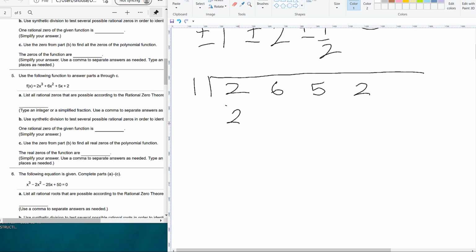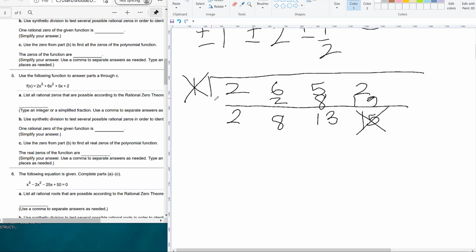I drop down the 2, and then I multiply and add. 1 times 2 is 2, 6 plus 2 is 8. 1 times 8 is 8, 5 plus 8 is 13. 1 times 13 is 13, 2 plus 13 is 15, not 0, not a root or 0 of the function.